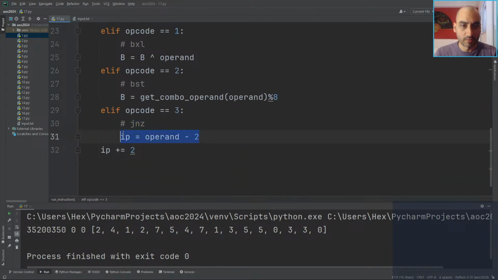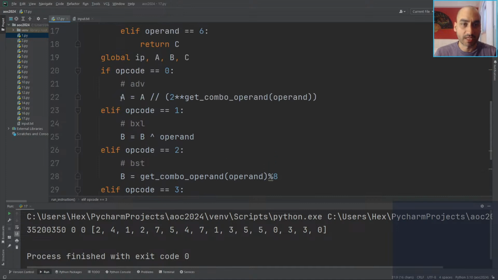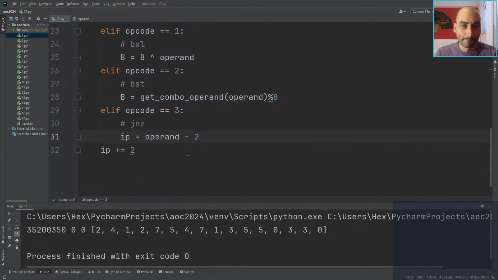It's not really the best way to do it. Really, we should actually just be adding 2 to every valid thing. All right. Anyway, elif opcode equals 4.